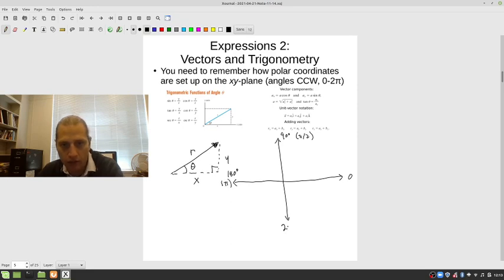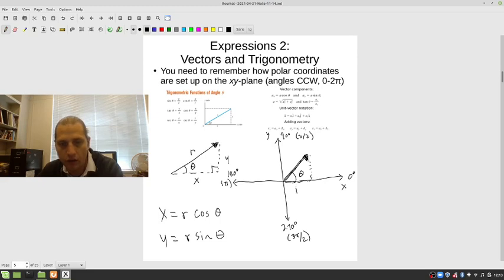This would be 270 degrees, or 3 pi over 2. If you define it this way, and you draw your r anywhere in this two-dimensional plane, and there's your theta measured with respect to the 0, this is your x and this is your y, then your x would be r cosine theta and your y would be r sine theta.